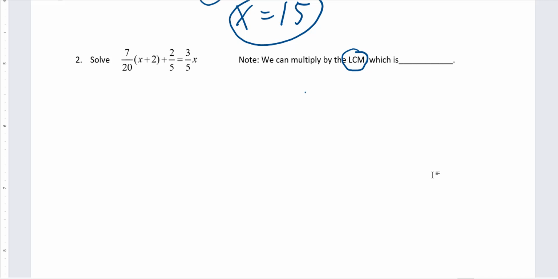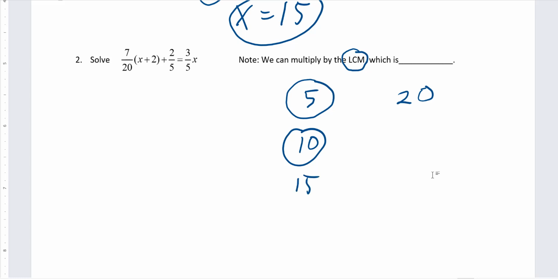If I want the least common multiple of 5 and 20, what I can do is start writing every multiple of those numbers. 5 times 1 is 5. 5 times 2 is 10. 5 times 3 is 15, and so on. If I start writing the multiples of 20, 20 times 1 is 20. 20 times 2 is 40. 20 times 3 is 60, and so on.